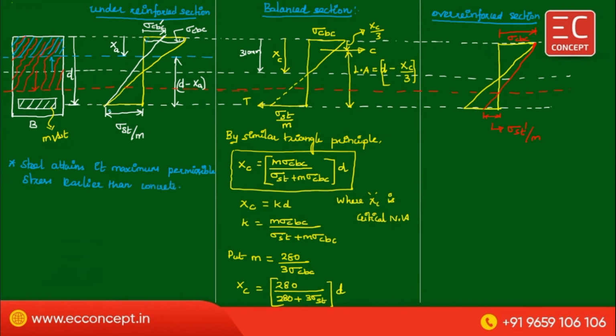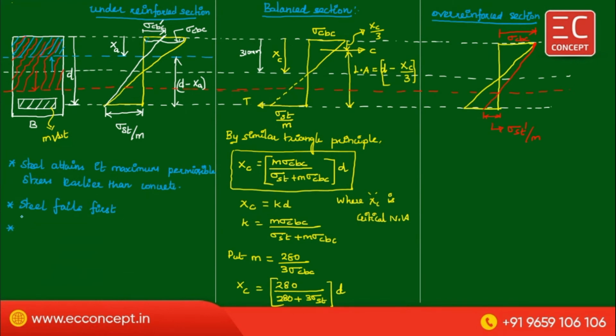Here the steel attains the full value before the concrete. Second point: because the steel attains the maximum stress earlier, steel fails first, but the concrete won't fail.